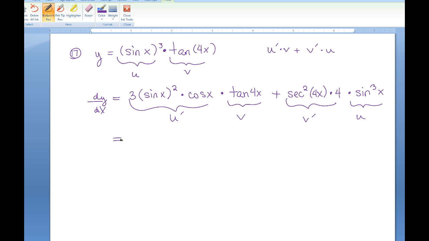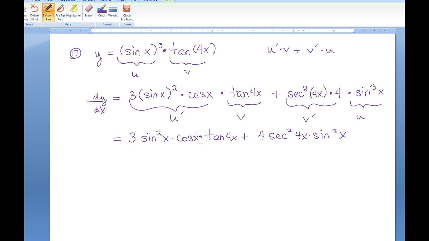Well, not anything. I'm just going to put the powers back inside. So 3 sine squared x, cosine x, tangent 4x, plus, I'm going to move the 4 to the front as a coefficient, and then secant squared 4x, sine cubed x. That's the answer.